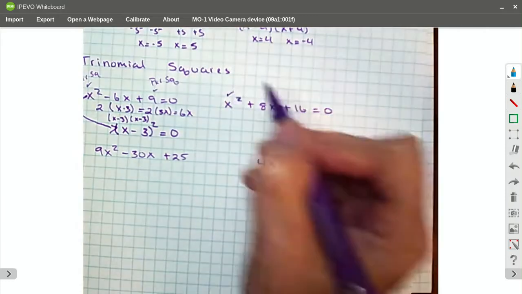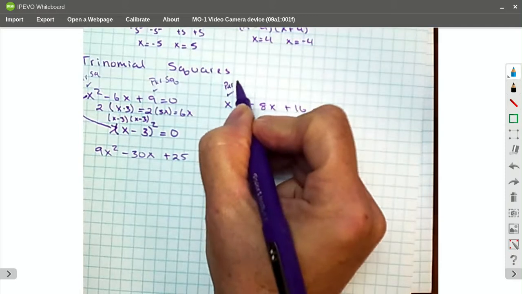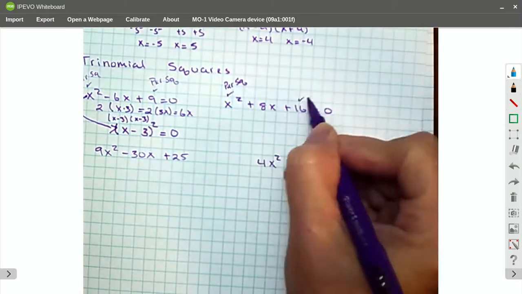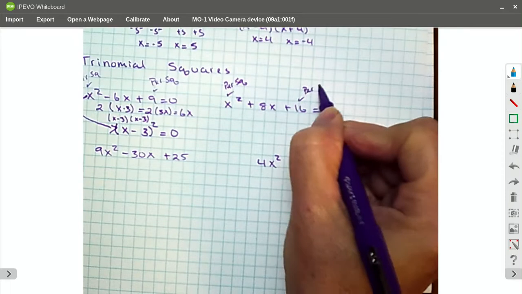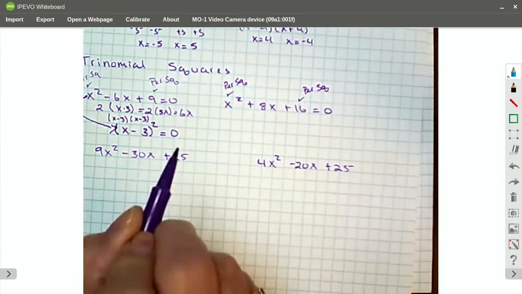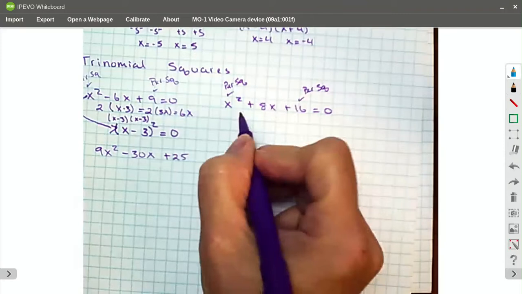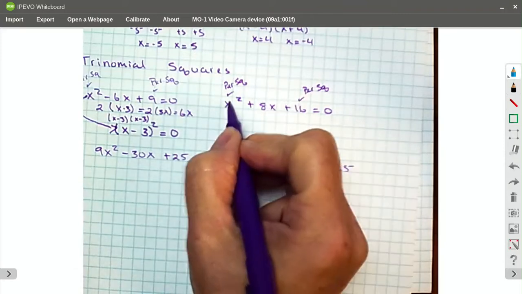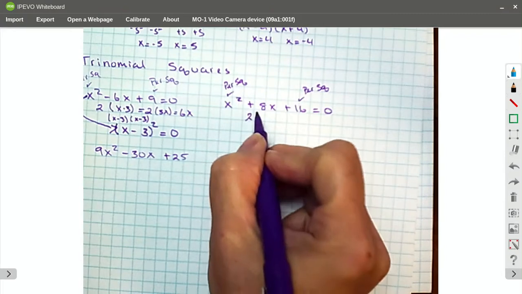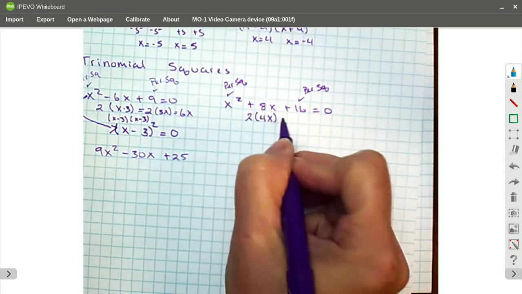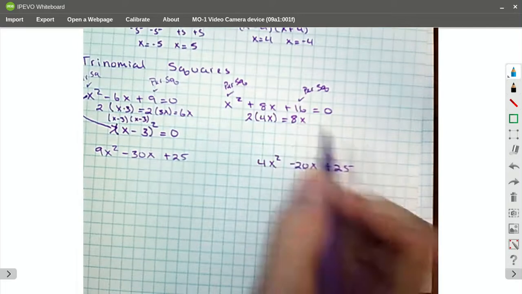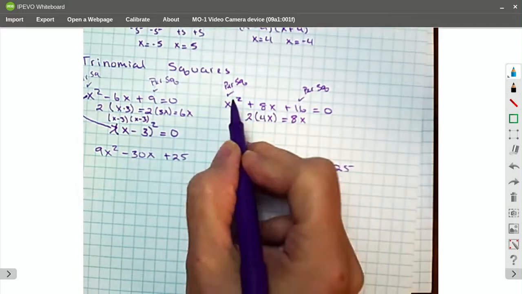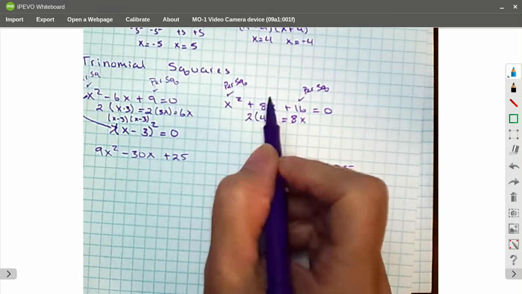All right, x squared, perfect square. 16, perfect square, right? All right, my square roots are 4 and x. So 2 times 4x gives me 8x, and that is my center term, so I do have that trinomial square.